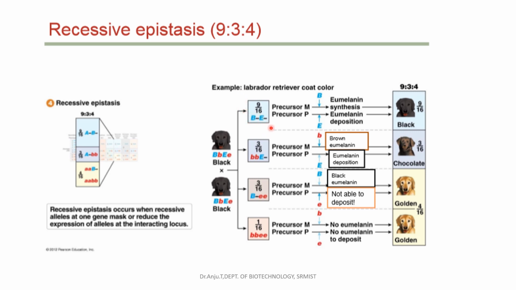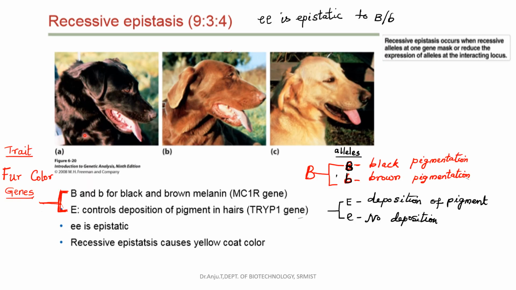So we will see an example here in Labrador Retriever coat color. If you see, the fur color is controlled by the gene interaction of two genes, B and E.